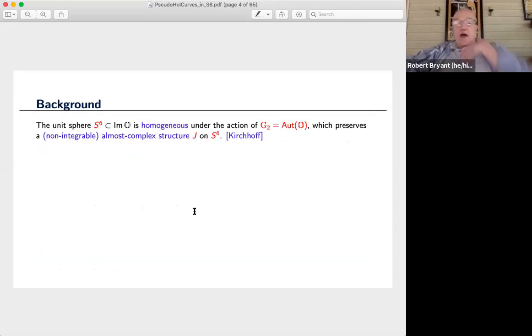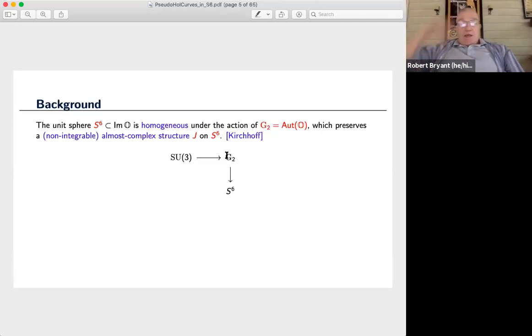It's been known now for over 60 years that the unit sphere in the imaginary octonions, which is homogeneous under the action of G2, has a natural almost complex structure on the sixth sphere that's invariant under G2. It has two depending on the sign, but fix one of the signs, they're equivalent.